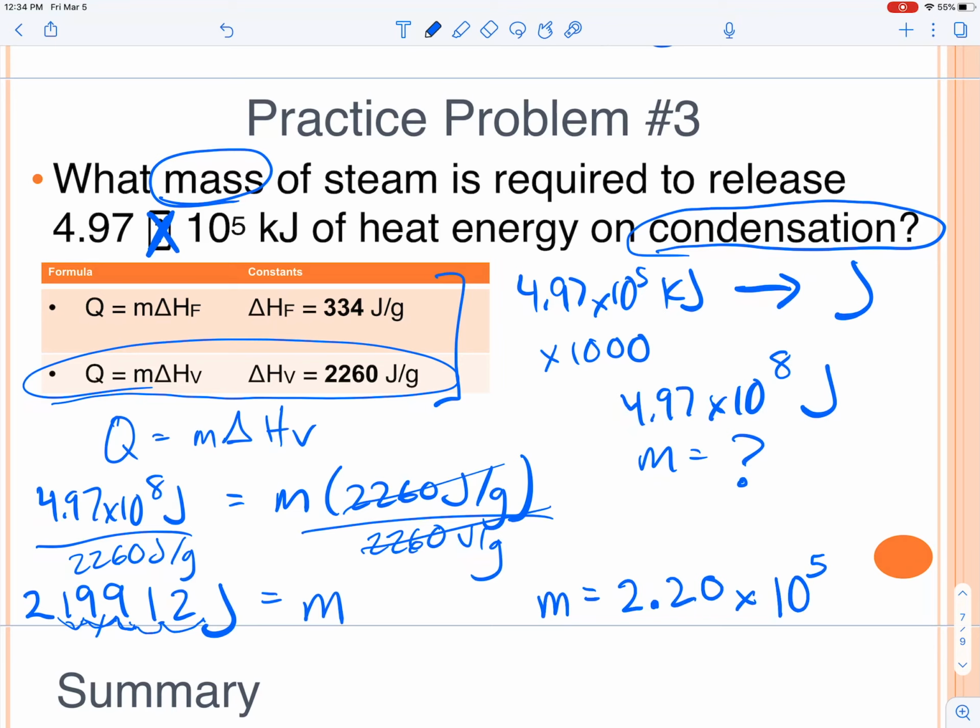I moved it 5 spots to the left. So that's a lot of grams. It's a large amount of water, and we're dealing with a large amount of energy, so that makes sense.